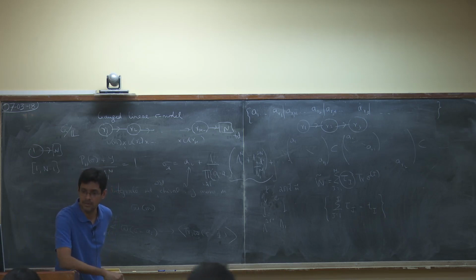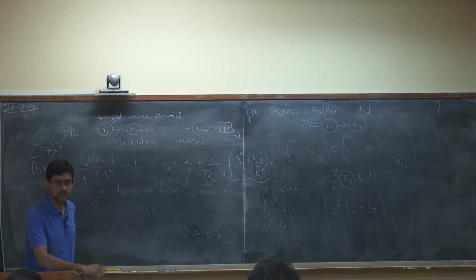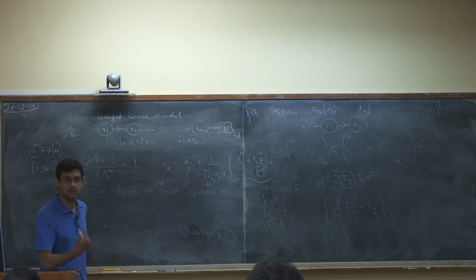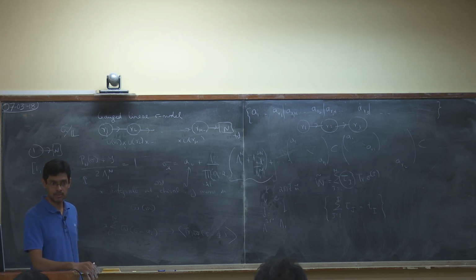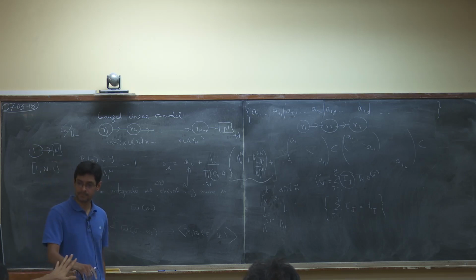Is it e to the power this, or is it just this? It appears in the effective action of the 2D theory, in the twisted superpotential. So in the path integral, it appears in the exponential, e to the s. But that feels very unnatural. You could imagine that you had some term like this, which was path integrated over both 2D and 4D. Then if you did the path integral over the 4D, that would give you the expectation value of e to the power this.